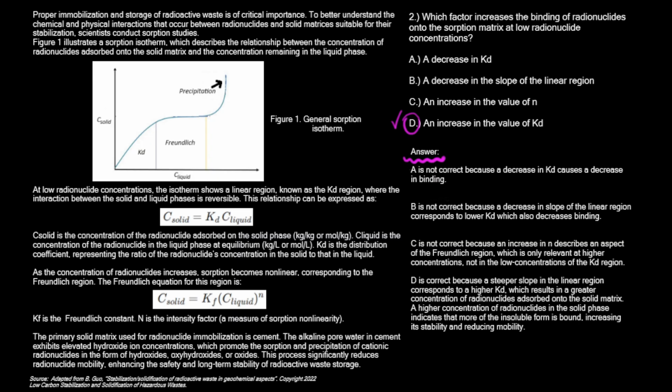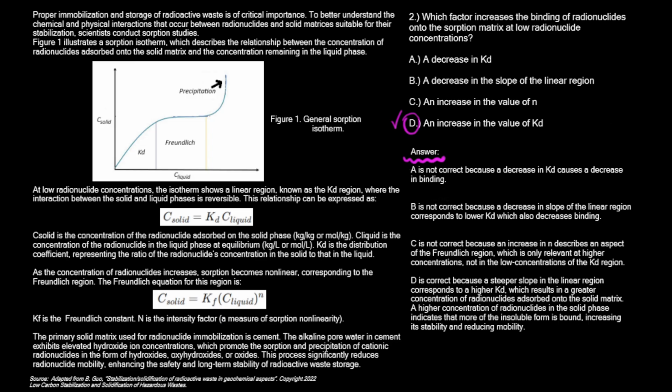A higher Kd means that for a given liquid concentration, more radionuclides are adsorbed on the solid, or that the value of C solid is increased. This directly translates to a stronger binding or greater immobilization of the radionuclides. Therefore, an increase in Kd increases the binding of radionuclides on the sorption matrix at low concentration.